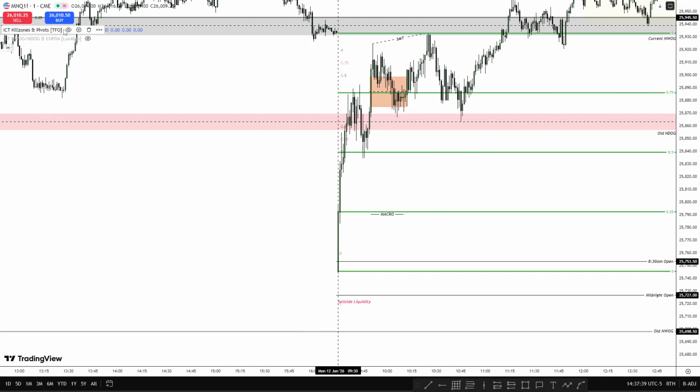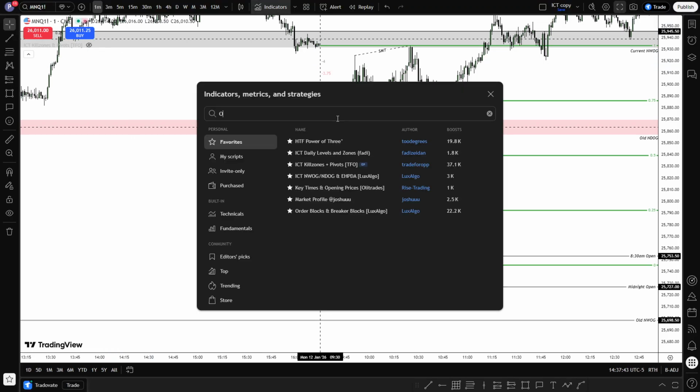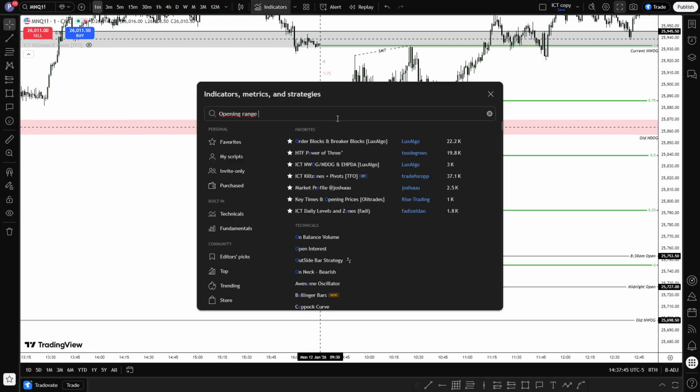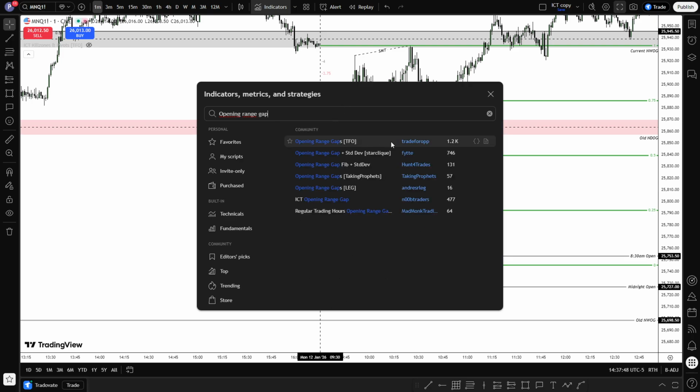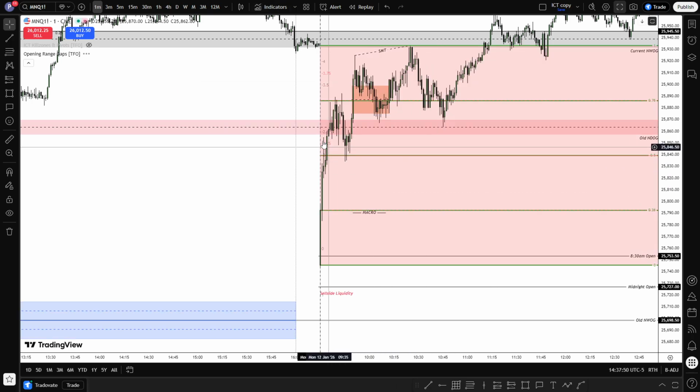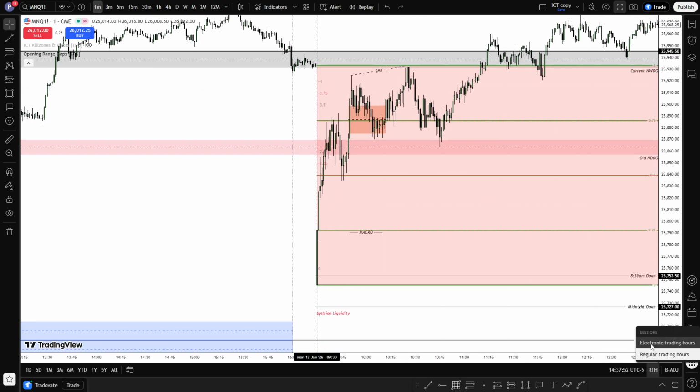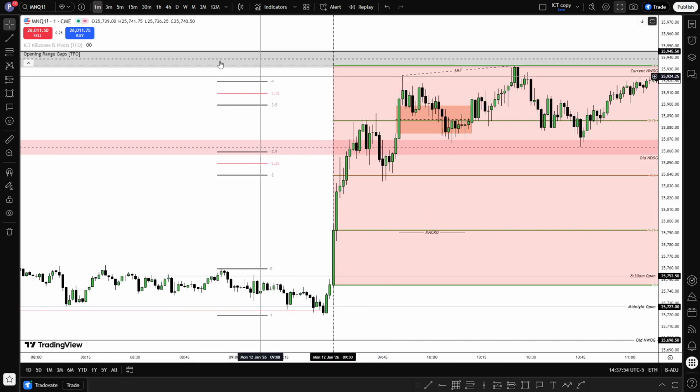Yeah guys, so if I delete these indicators, opening range gap, you can use it like this. You take the first one, you can see exactly this is our opening range gap.